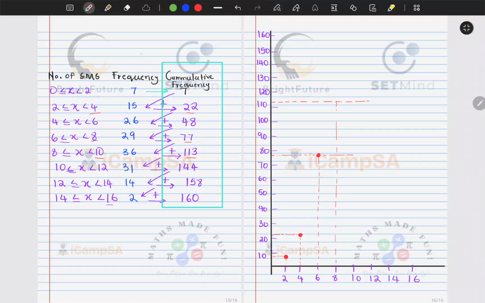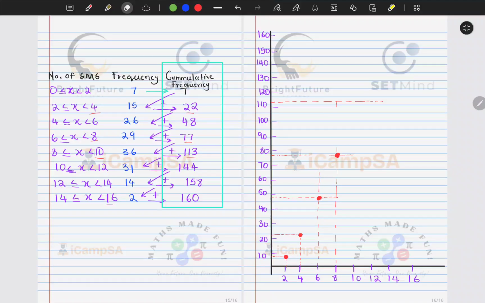So 6 is at 48. So this here, you guys, is supposed to move to here. Okay. And then 6, if you look carefully, 6 here is at 48. So 48 is just below 50. So 6 is here.